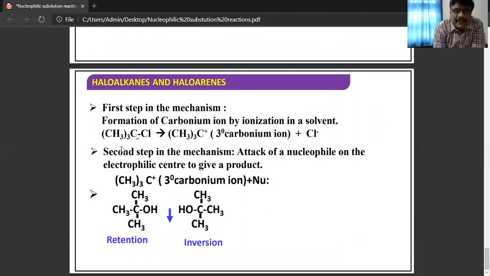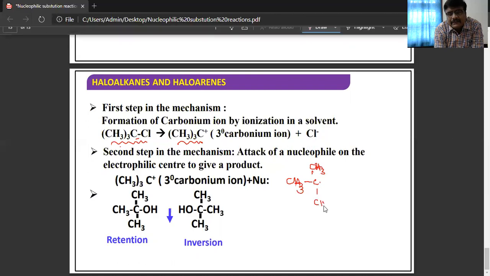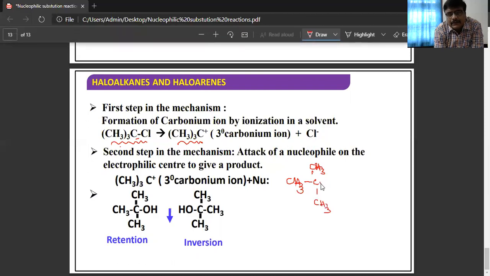When it undergoes ionization in a solvent, this tertiary butyl chloride gives rise to the tertiary carbonium ion and Cl minus.